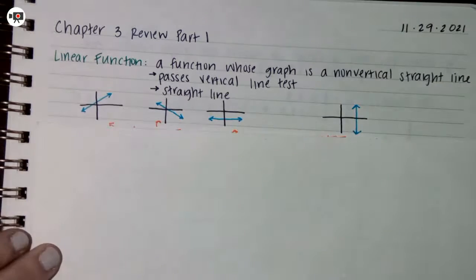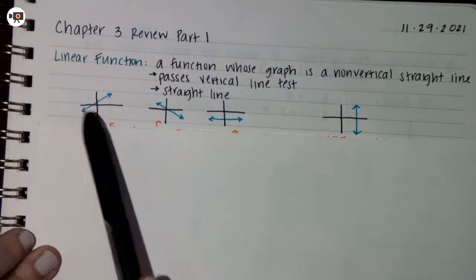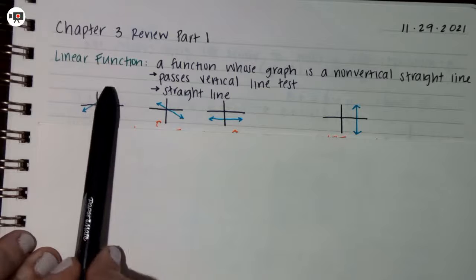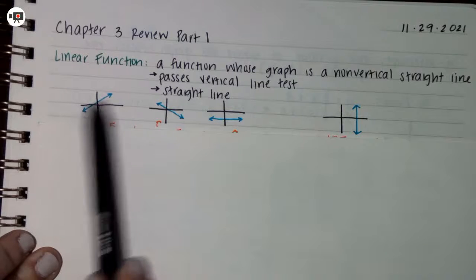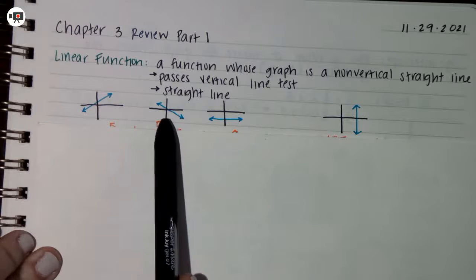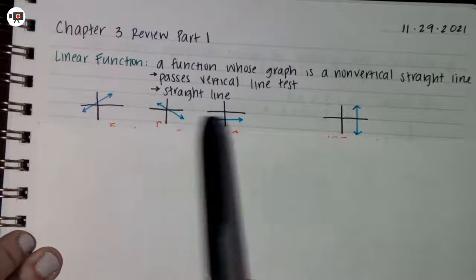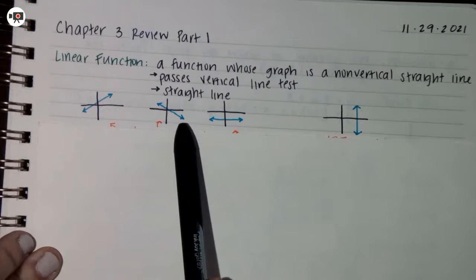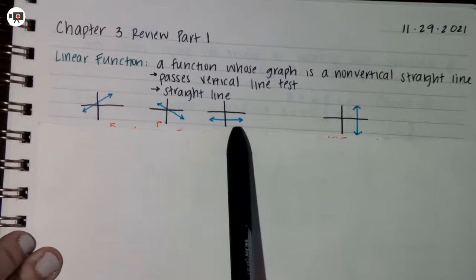So a few examples. This one is a function because if I draw vertical lines here, it will only cross each point once on the graph. Same with this one. And same with this one. This one has a positive slope, this one has a negative slope, and this one has a slope of 0.